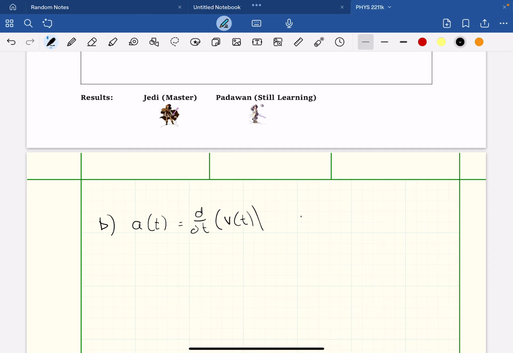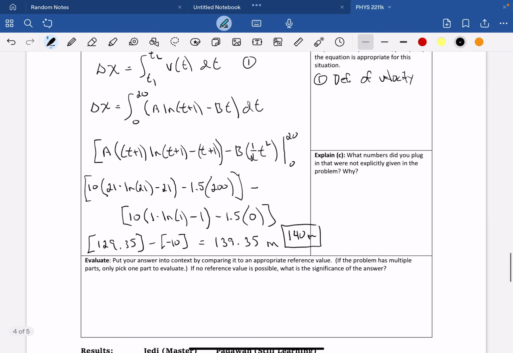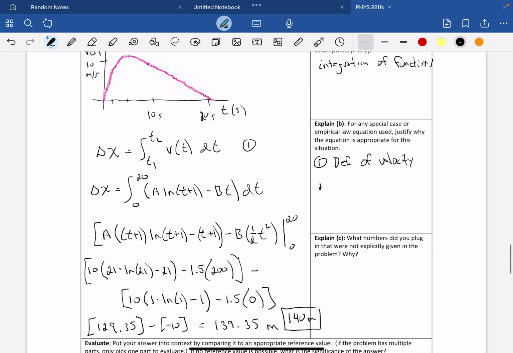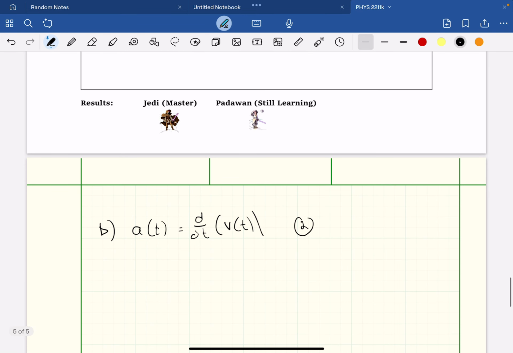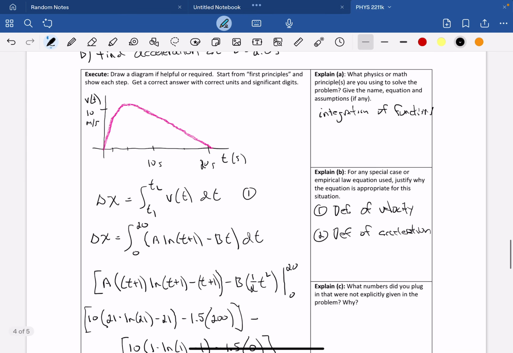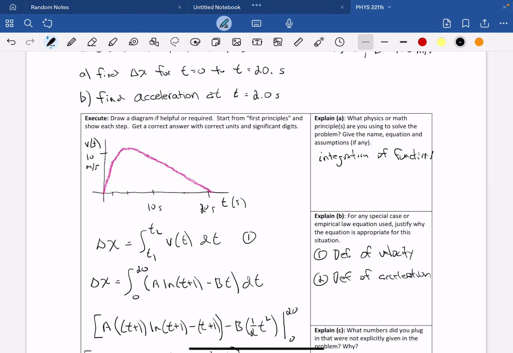And this is the definition of acceleration. And in order to solve this, I need to take the derivative of a function, and that is one of our principles that we're looking at this week. So I'm going to put that in my explain part.